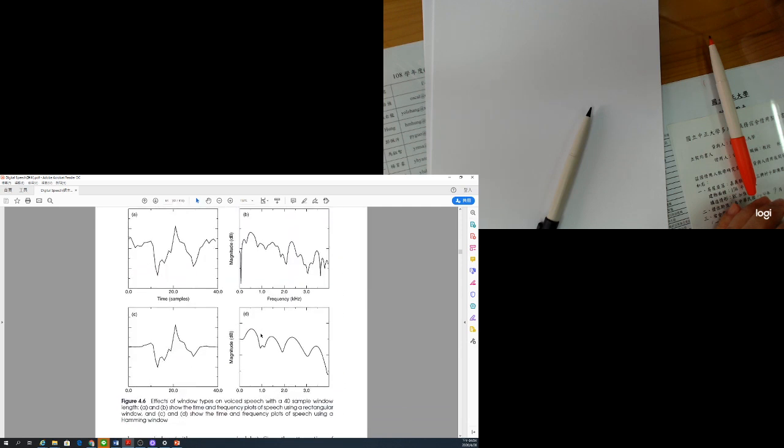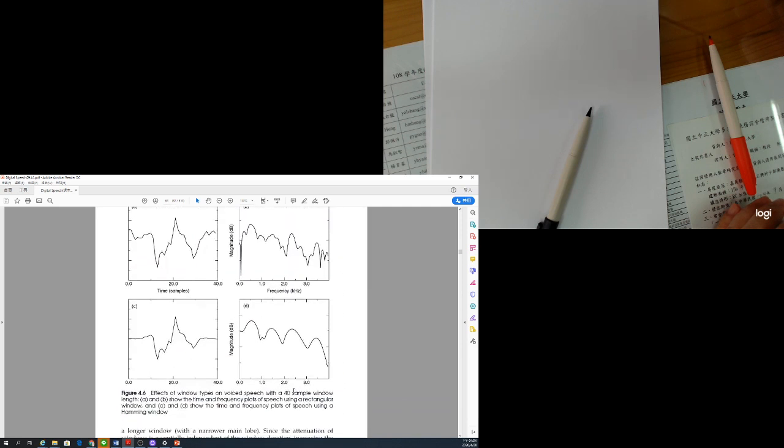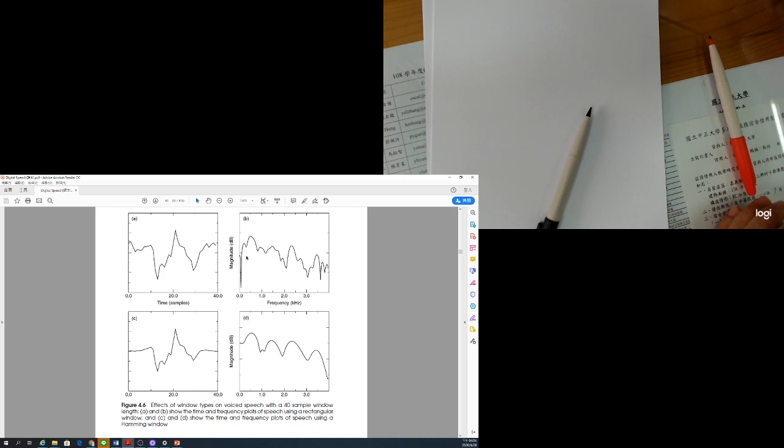And if your window is smaller, it becomes 40. You can see your rectangular window can contain more information. If you are using a Hamming window, you can see what they did. Most of them look more like your formant, so it's a harmonic shape.